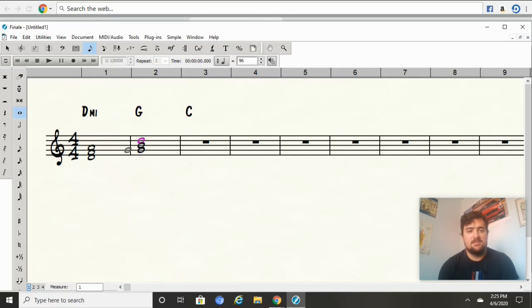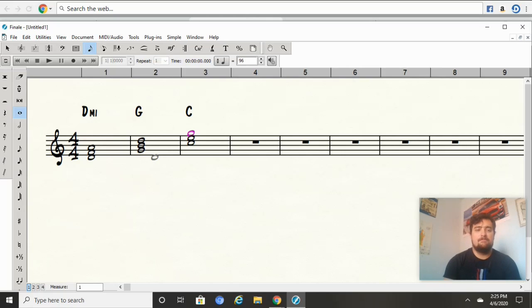There's our D minor, G, and then C. Let's put it up here: C, E, and G. It's all stacked thirds, and that's basically what it would look like.